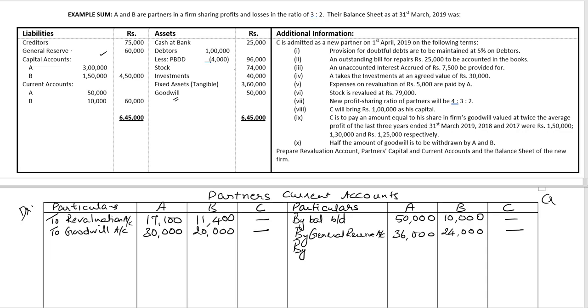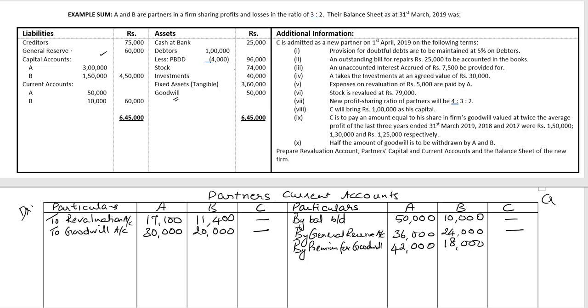By premium for goodwill, 42,000 rupees against partner A and 18,000 rupees against partner B.